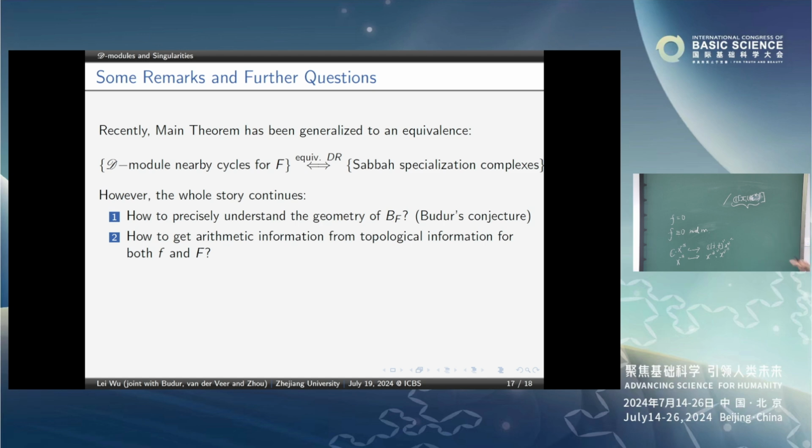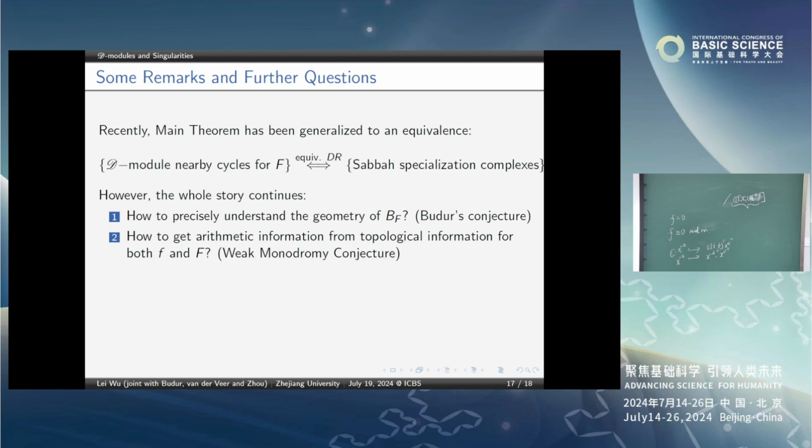Okay, so as I said, the D-module is kind of taking derivatives, right? But the arithmetic information, the Poincare series, is kind of taking integrals, so they should be inverse to each other. So conjecturally, this arithmetic information can be captured by this topological information.